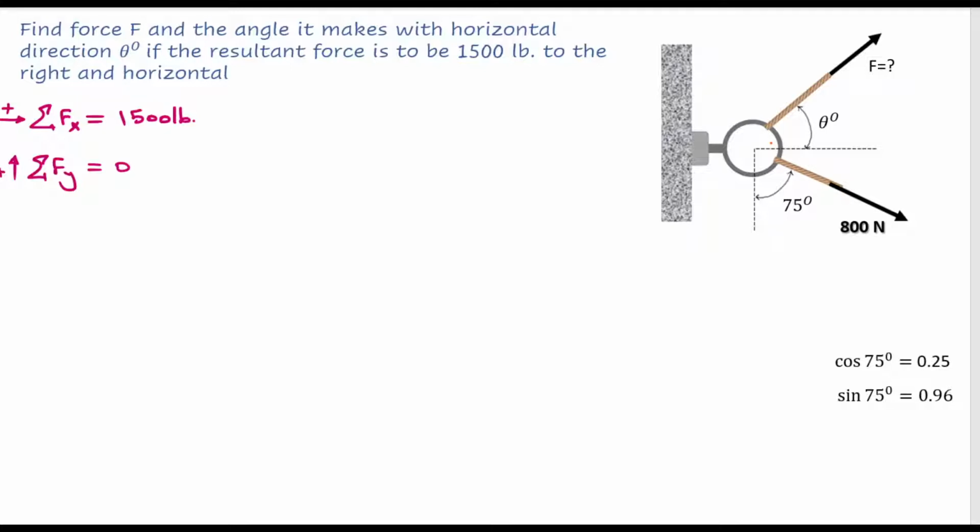So from this equation I can write F cosine theta, that is positive, plus 800 sine 75 degree. You may ask, why sine?